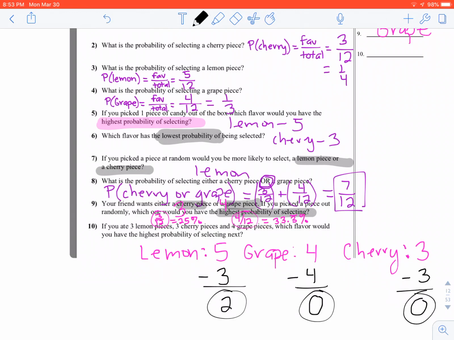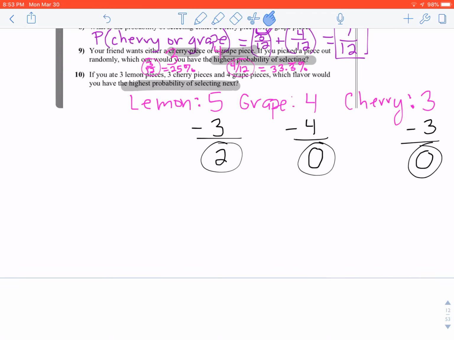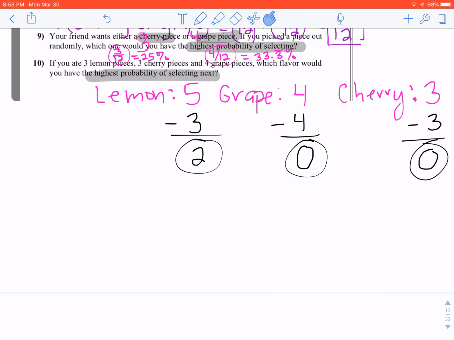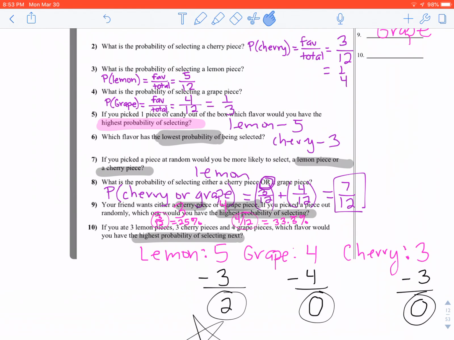You're not left with any. So you're going to ask what flavor would have the highest probability of being selected next. Out of those, the only candy bar that we have left is lemon. So the lemon would have the highest probability of us selecting next because you can't select anything else. If those other numbers were not 0, you would just go with the highest number that appears.